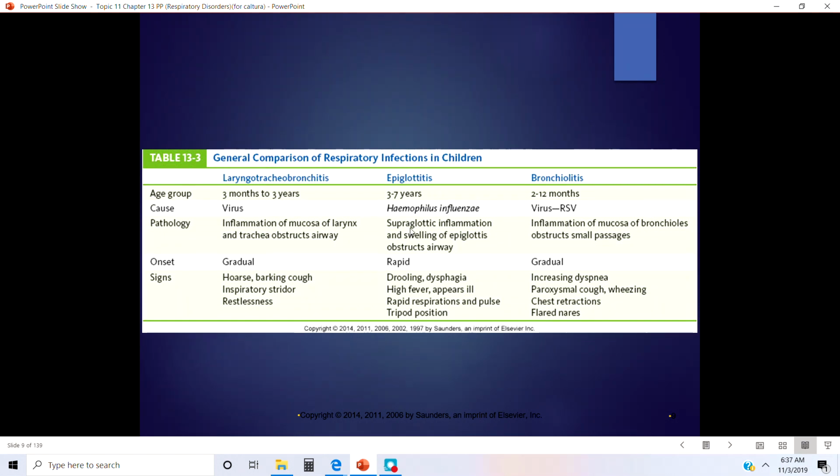The glottis is the opening in the larynx where air passes through. But compared to croup, this is a more rapid onset. So the patient will have the drooling, they'll have a fever, they appear more ill, rapid respirations, and you can see that tripod position. All right, we'll save this one for a future lesson when we talk about the lower respiratory infections.